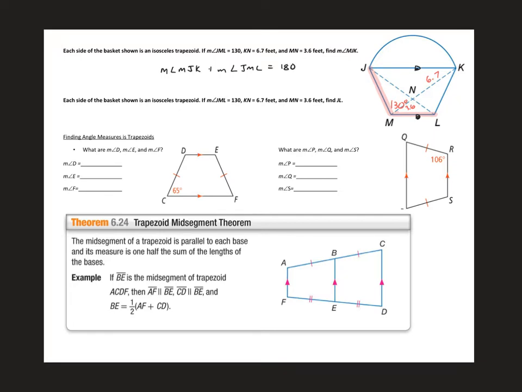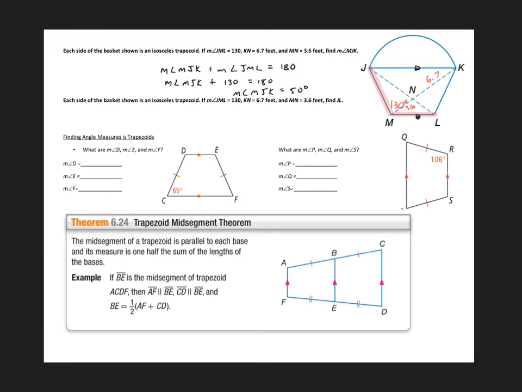They are same side interior or consecutive interior angles. This angle right here, JML, was 130. So the measure of angle MJK is equal to 50 degrees. And I'm done.